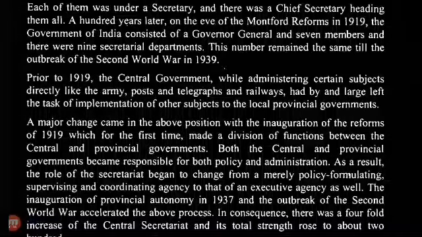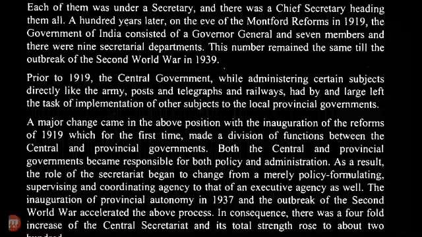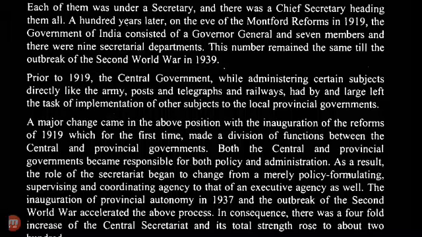100 years later, on the eve of the Montagu-Chelmsford reforms in 1919, the Government of India consisted of a Governor General and 7 members, and there were 9 secretarial departments.